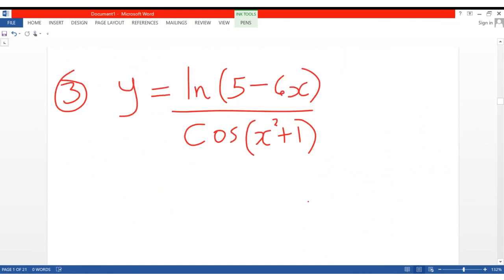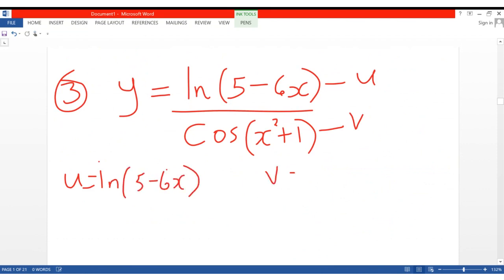So what we need first of all is to call this one our u, and this one our v. So our u is ln(5 minus 6x), and our v is cos(x squared plus 1). So du dx.